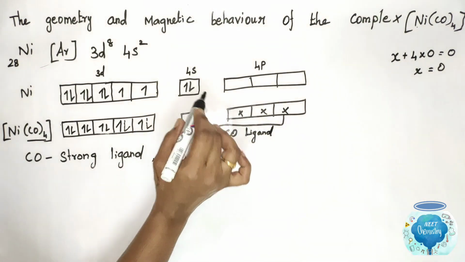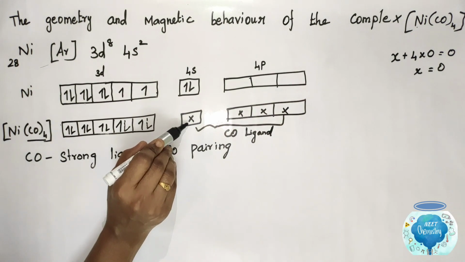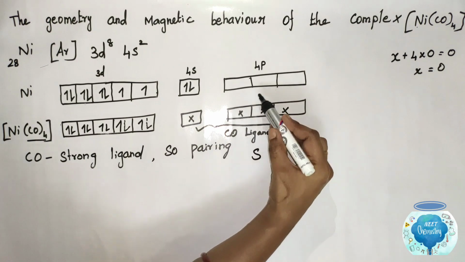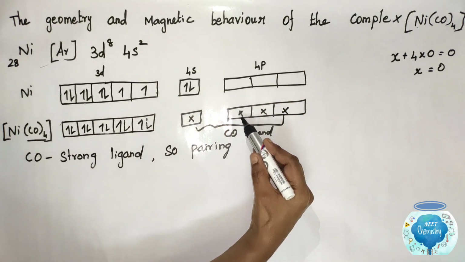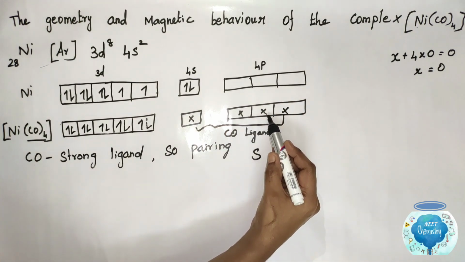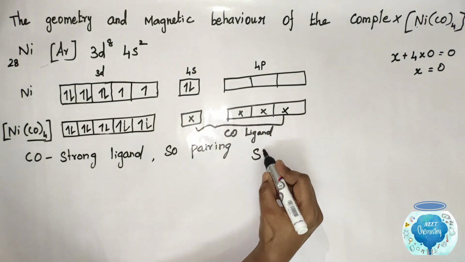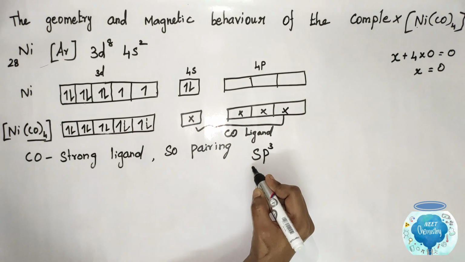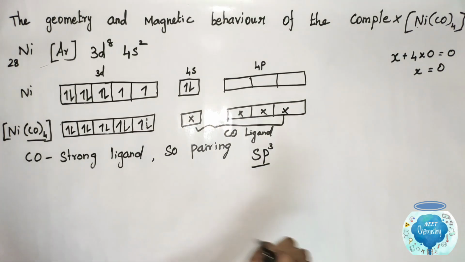The hybridization is this: a carbonyl ligand filled in the s orbital and carbonyl ligands filled in p1, p2, p3. So the hybridization of this complex is sp3 hybridization.